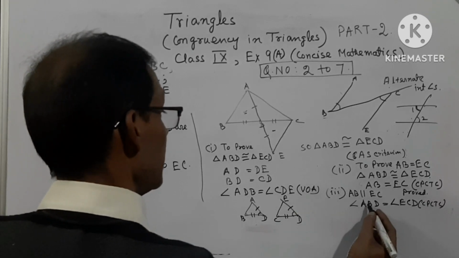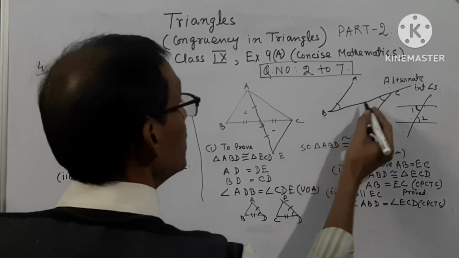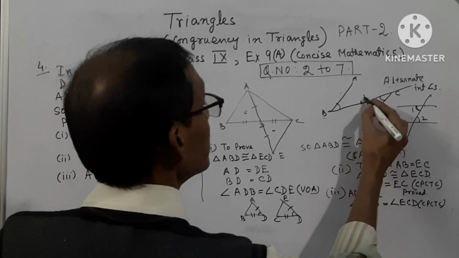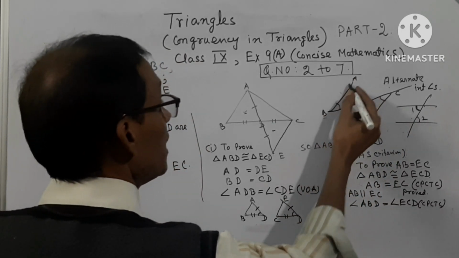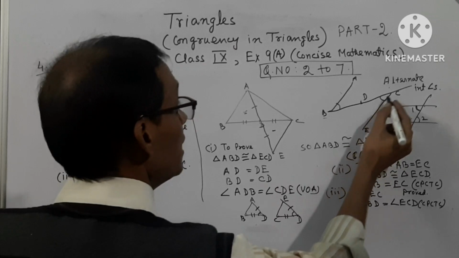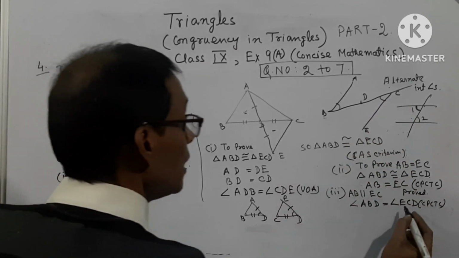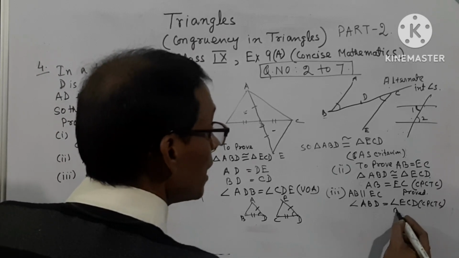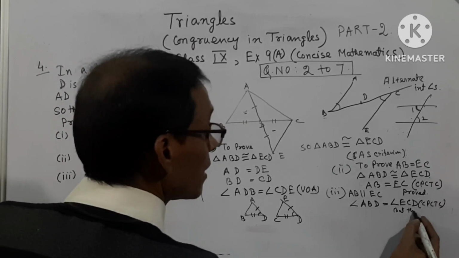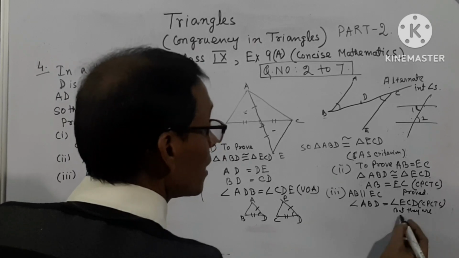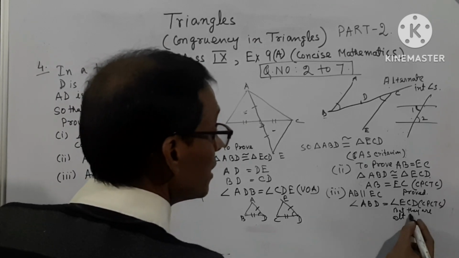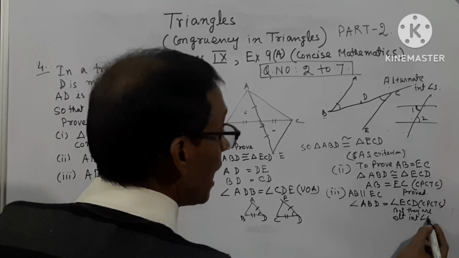So angle ABD, D somewhere this side, this place. Angle ABD and angle ECD are equal, but they are alternate interior angles.